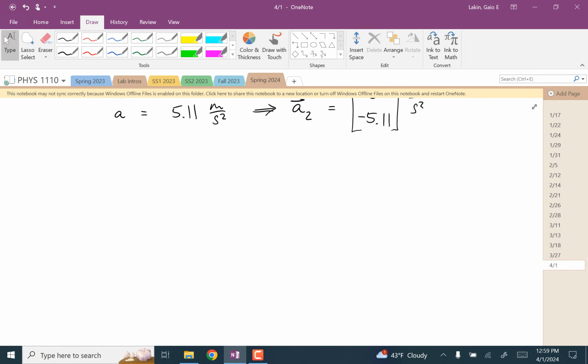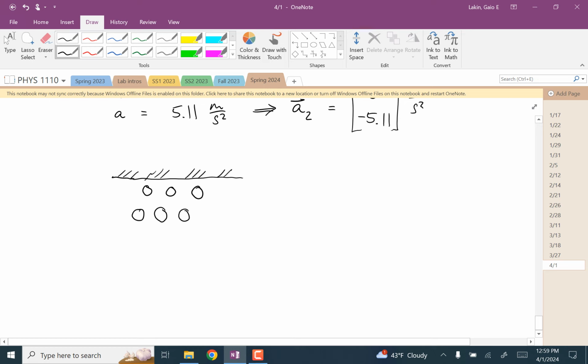Let me think about how it works. So you could have a system that was like, okay, your pulleys like this, and then this. And all of these three are supporting some mass.